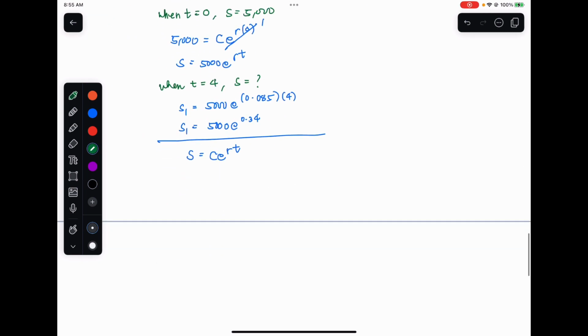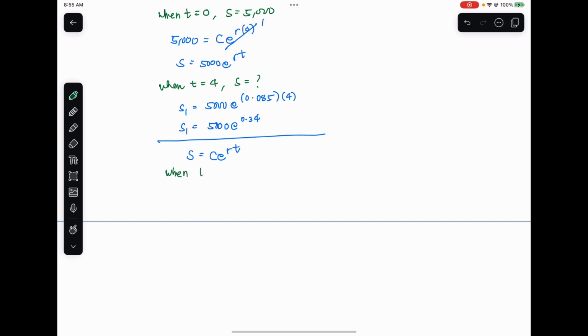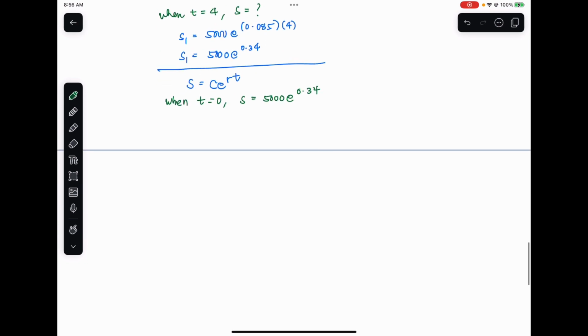So now I can start again. When time is equal to 0, our S this time would be 5,000 e raised to 0.34. For the new interest rate, our money is no longer 5,000, but it is 5,000 times e raised to 0.34.